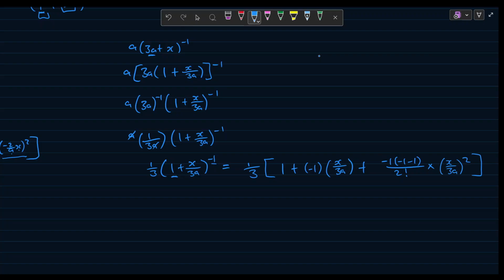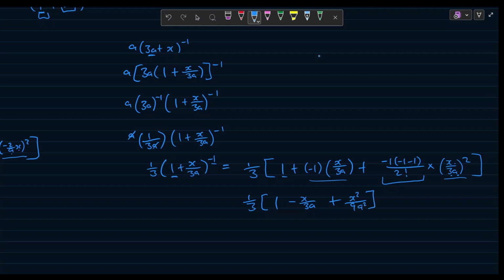So this means that this is a third, this is 1, then this becomes negative x over 3a, and then here this will simplify to give a 1, so we need to focus on this part. So square the x, you get x squared. Square the 3, you get 9. Square the a, you get a squared.